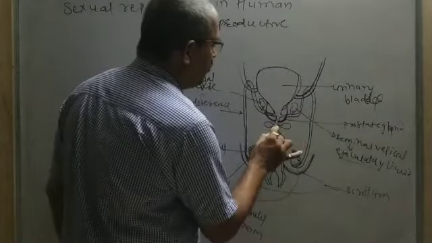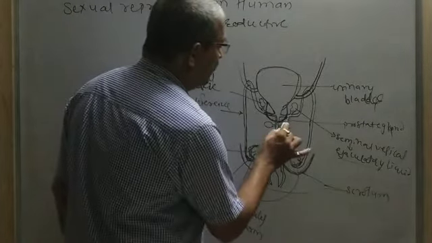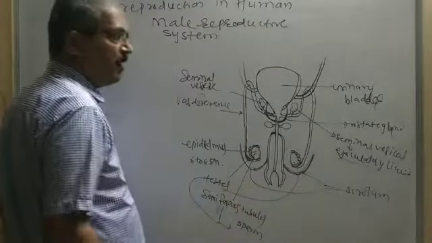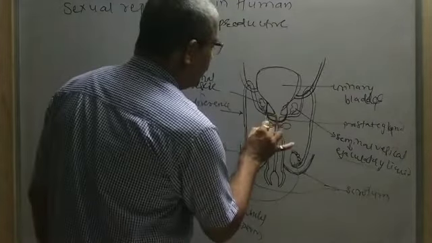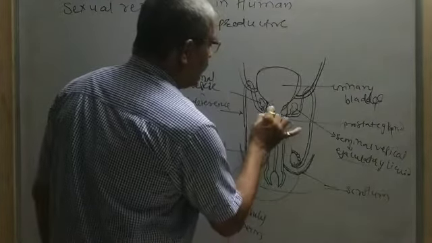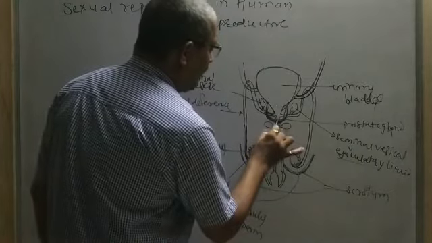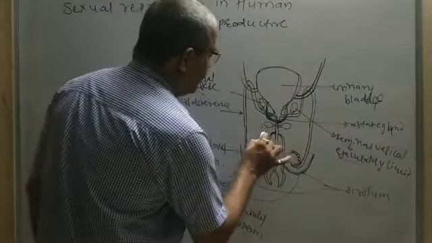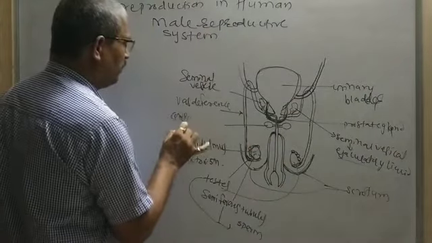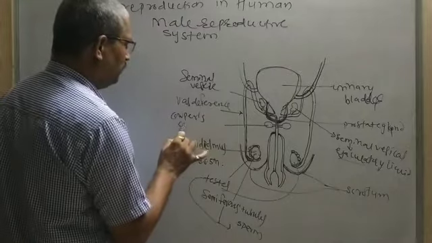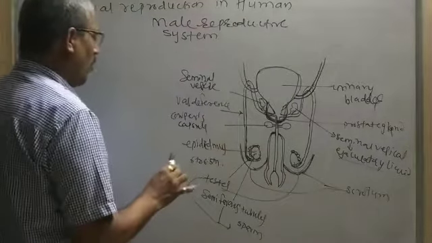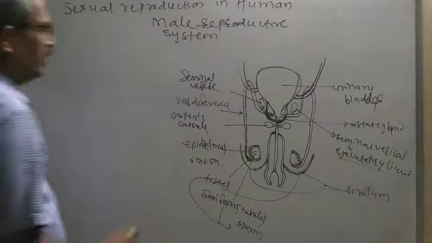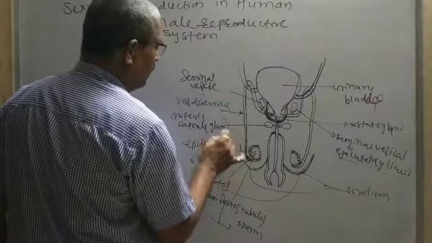When it comes into the urinogenital duct, at the same time one specific kind of liquid or secretion is passed from the prostate gland. That liquid comes forward into the urinogenital duct. Here there is the Cowper's gland.